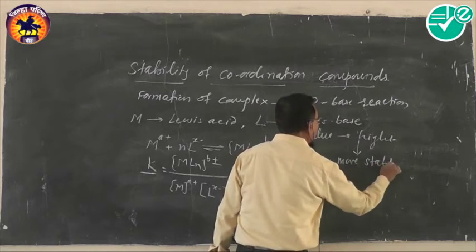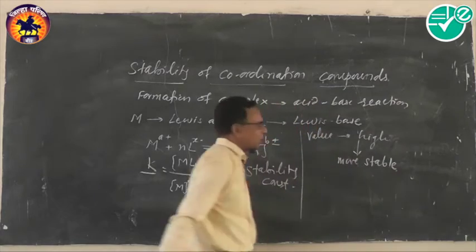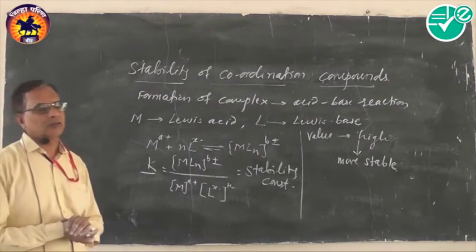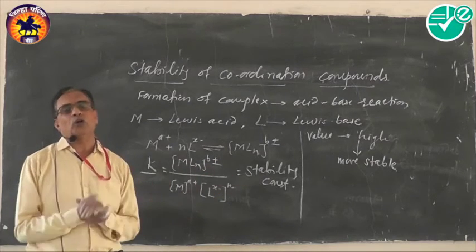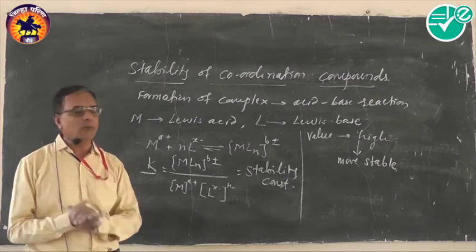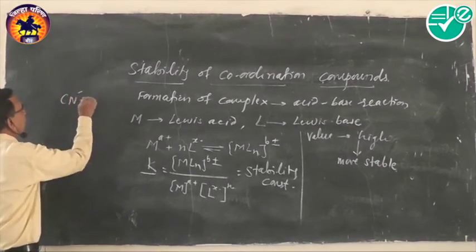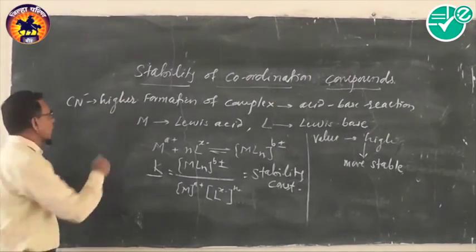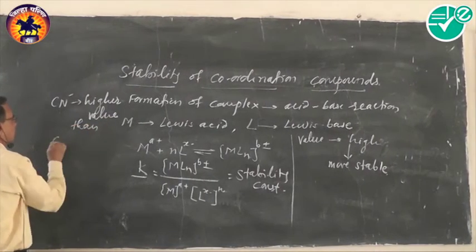And if the value of the stability constant is less, then that complex is less stable. If we see the various values of the equilibrium constant, we will come to know that the CN complexes have a higher value of equilibrium constant as compared to ammonia complexes.